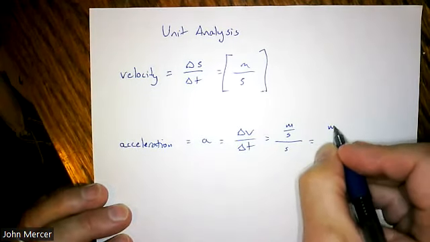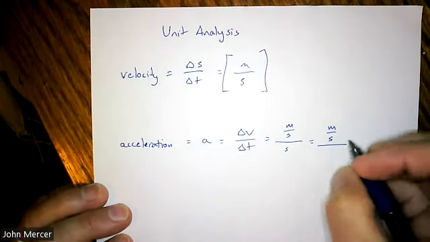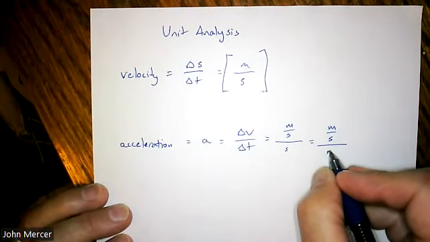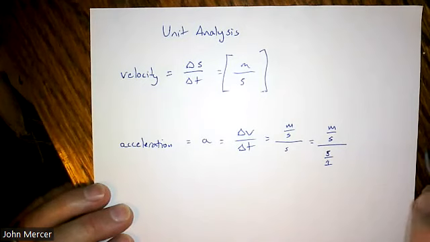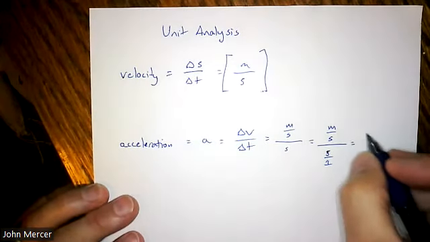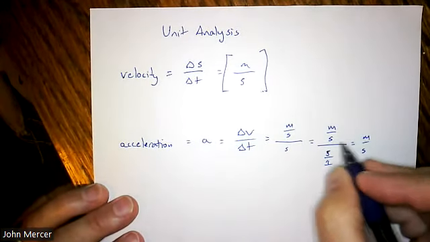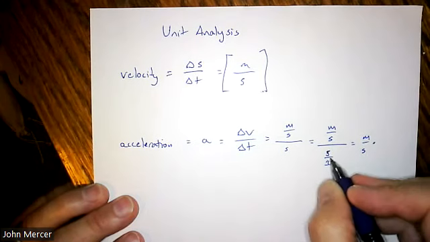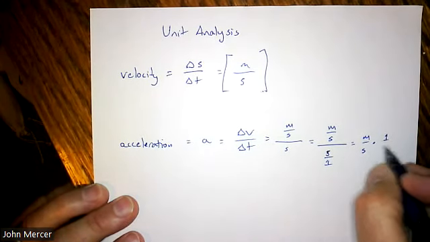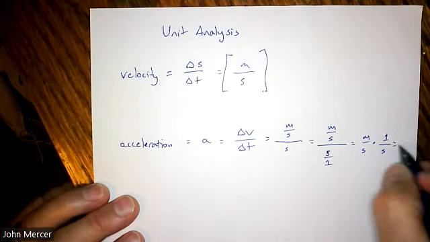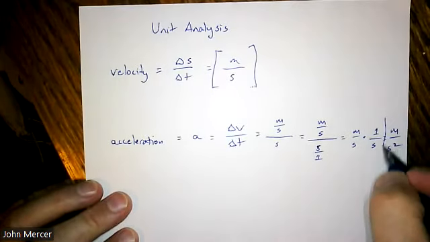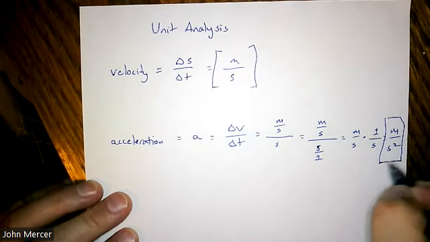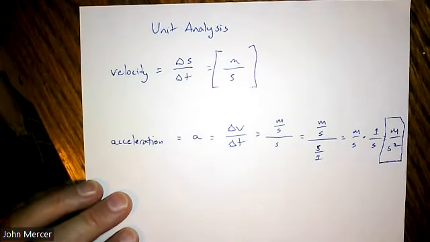Well, if you remember from our fraction review, this is seconds over 1 in the denominator. And now I have a fraction divided by a fraction. And it's really multiplication. We multiply the numerator times the inverse of the denominator, or meters per second squared. And I just derived the units for acceleration.